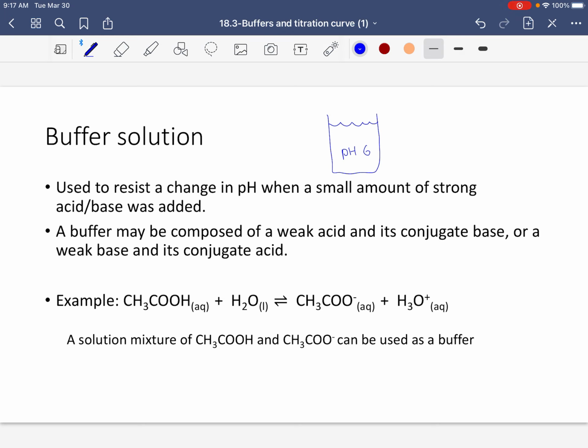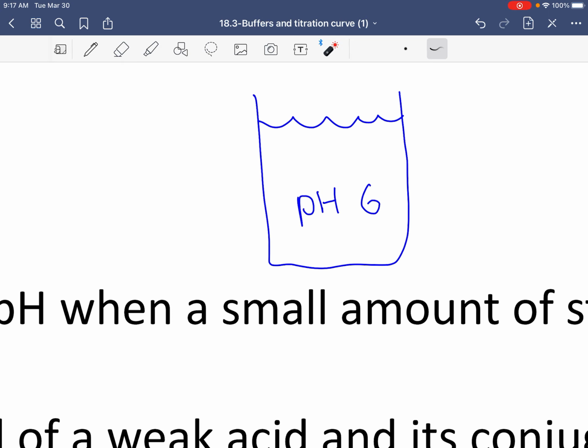You don't want to mess around with this solution. But you know for a fact that there are factors that will mess with it, like somebody might drop some acid in there. If that happens, this number is going to drop. Some people might decide to add a base in here. If that happens, this number will rise. We don't want it to rise. We don't want it to drop. We want to keep it stable.